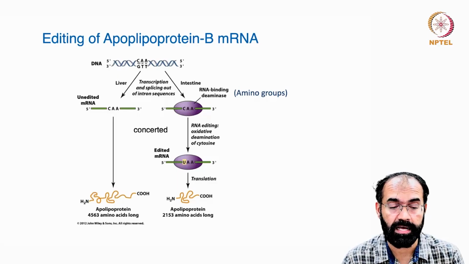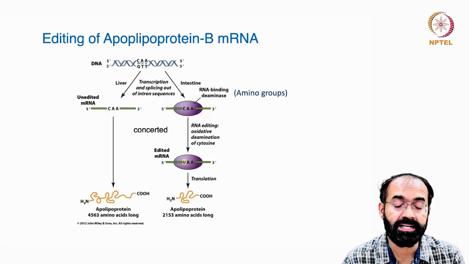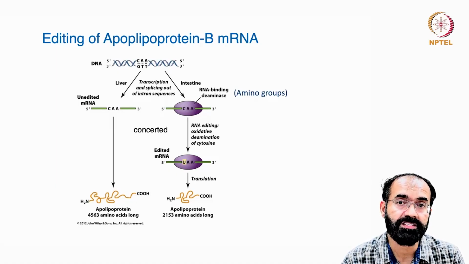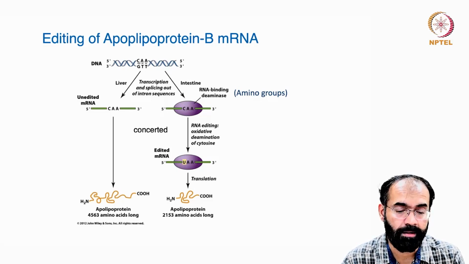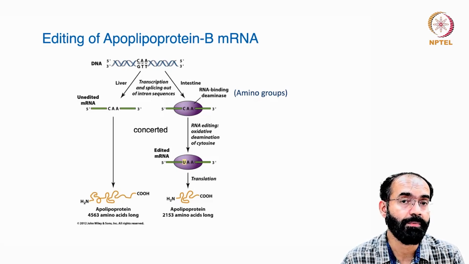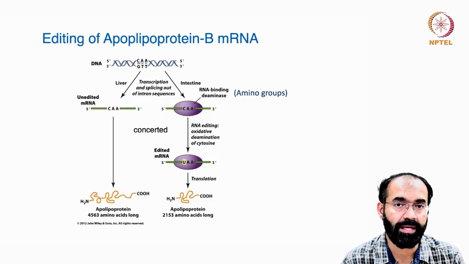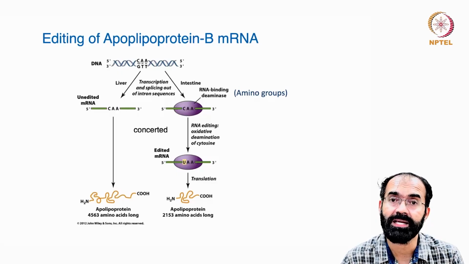It can bring in RNA editing, and what it does is cause the C to deaminate. So the C of the CAA is deaminated and it becomes UAA. UAA, you may remember, is one of the stop codons. 3 stop codons are there: UAA, UAG, UGA. So this was a codon CAA, now it became UAA, a one base change.